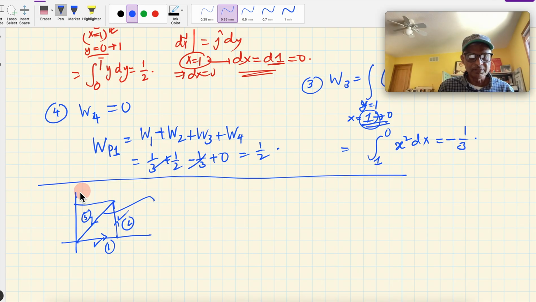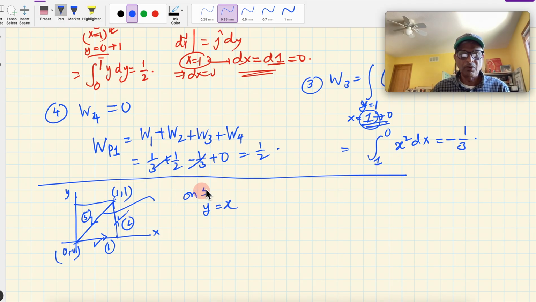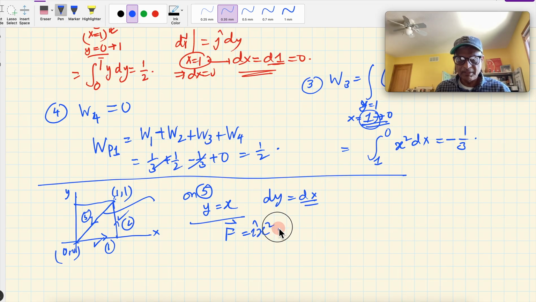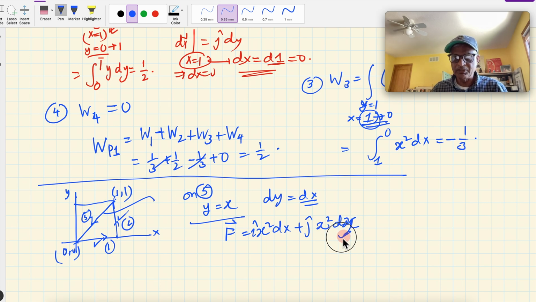On 5, this is 1, 1, and this is 0, 0. These 2 points tell me y equals just x on path 5. So dy is dx. So I can write everything in terms of dx or dy. So let's write everything in dx. So the force is just x square i hat plus j hat x squared, because x equal to y also.